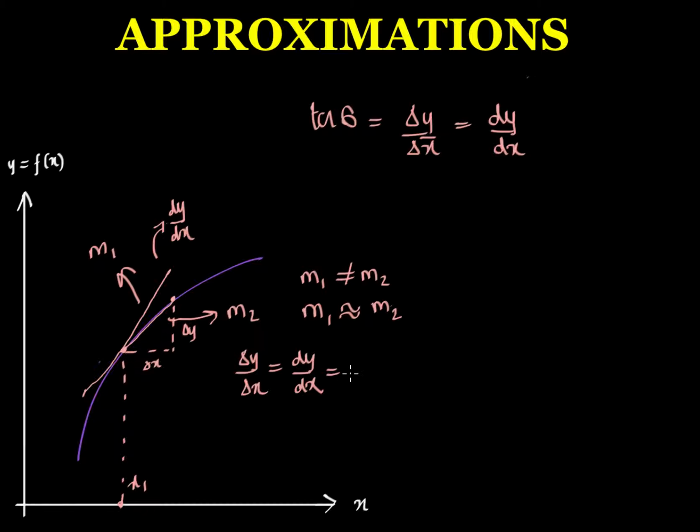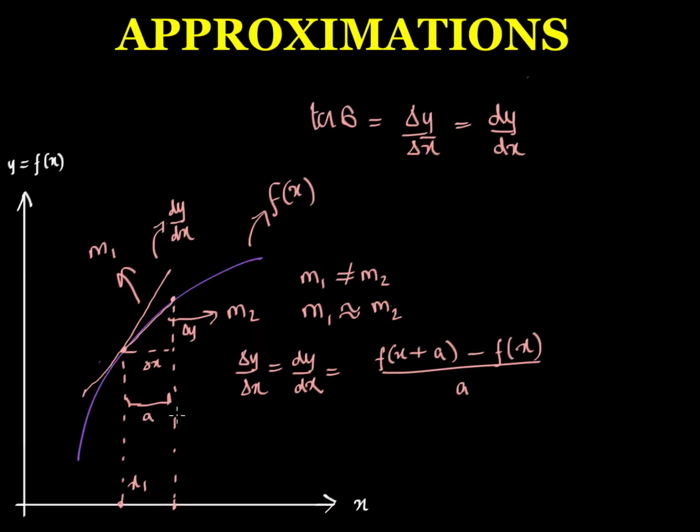So this is also like saying, if this function is f of x, this is like saying f of x plus a minus f of x, divided by a. Now what's that? A is this distance over here. And if this is x, then this should be x plus a.